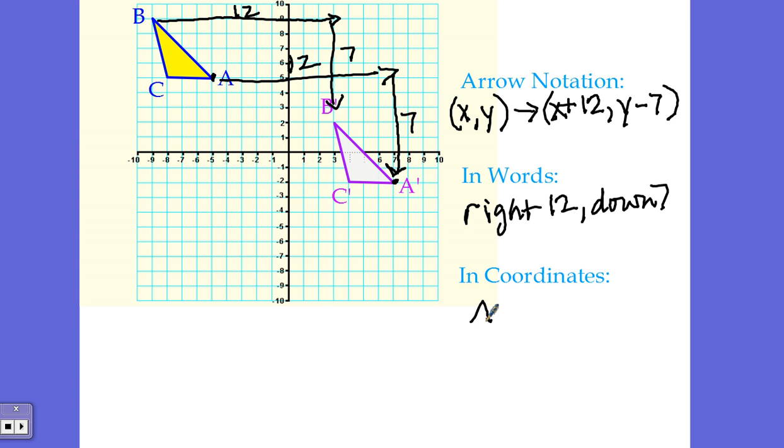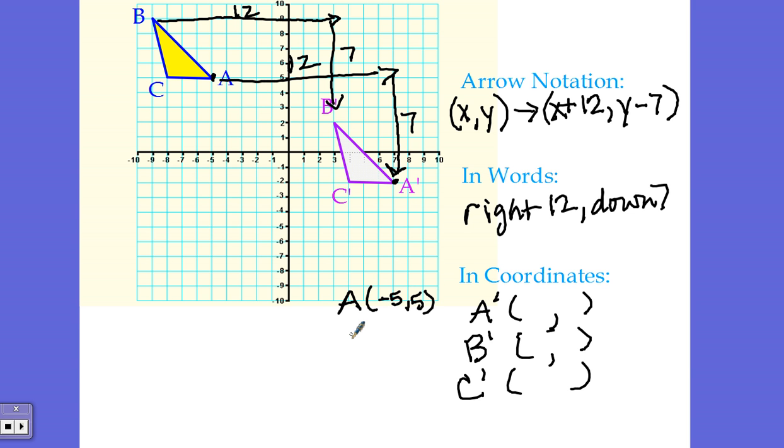In coordinates, when it asks for coordinates, it wants you to tell me exactly where A prime is, where B prime is, and where C prime is. Now notice that point A was at negative 5, 5. Point B was at negative 9, 9. And point C was at negative 8, 5. Remember, to all my x values I added 12, and to all my y values I subtracted 7.